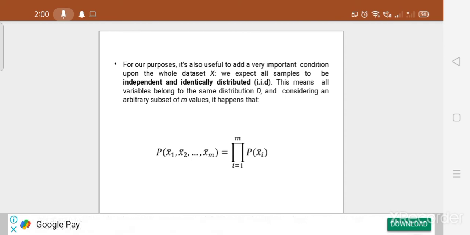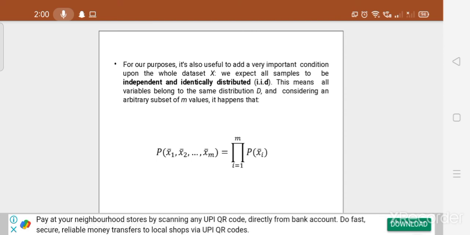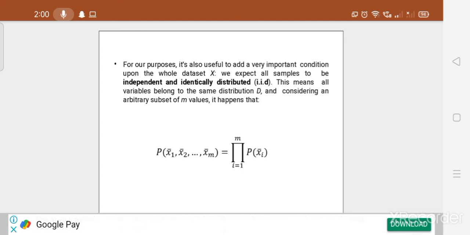If you apply this condition on the whole data set, then we can identify independent and identically distributed data. This means all variables belong to the same distribution D, and the same holds for an arbitrary subset of m values. Clear? If we have a big amount of data and have to identify which category it belongs to, then this condition is useful. Clear?